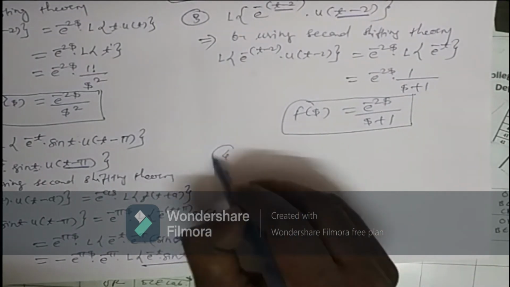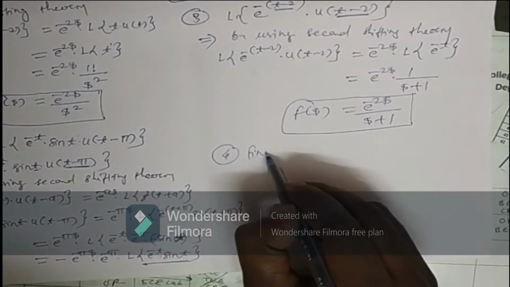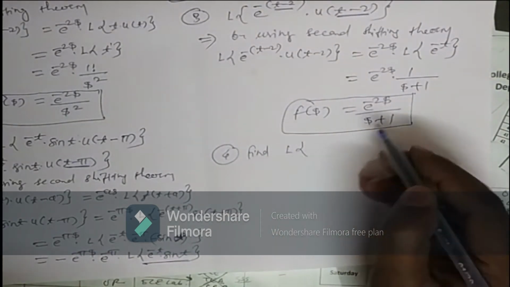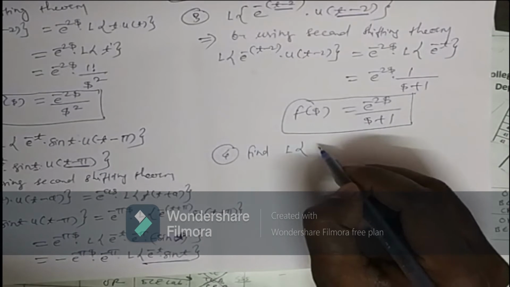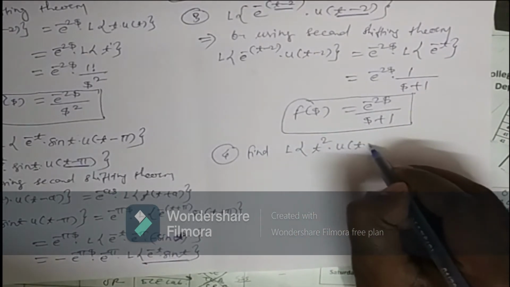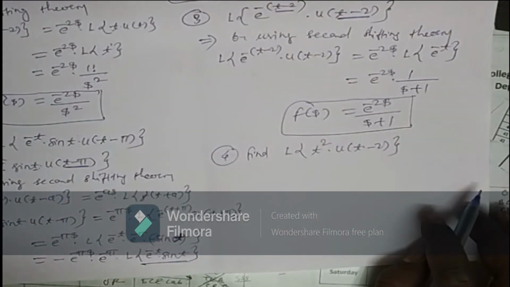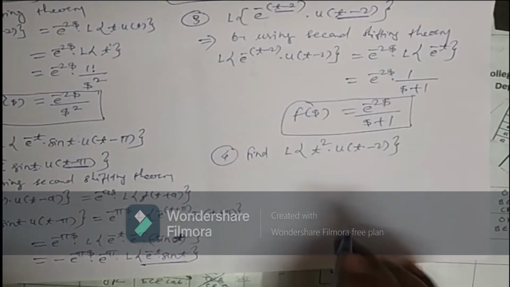Now let us take another example. Find Laplace transform of t square into u(t minus 2). Now how to simplify this question? So let us try to solve this example.